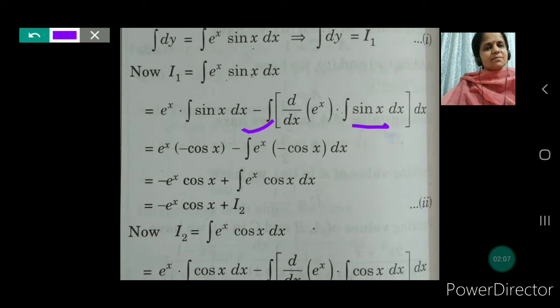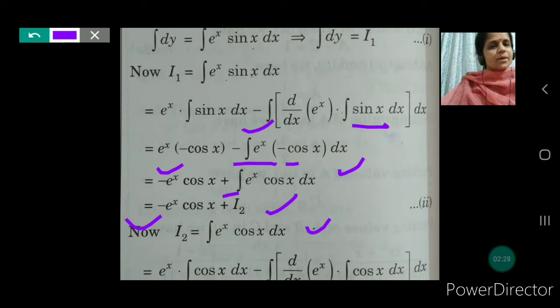Now see, minus minus becomes plus. In the first term it is minus e^x cos x, then plus integration of e^x cos x dx, and we are taking this integration of e^x cos x dx as I2. Again here we have to apply the method by parts.